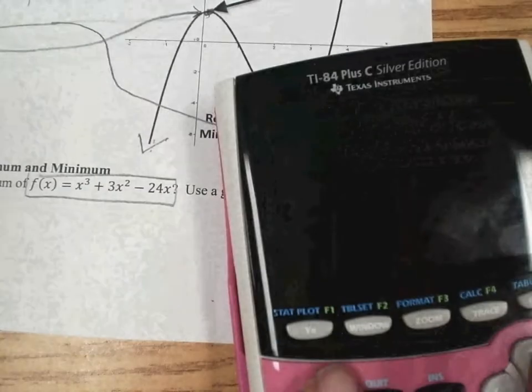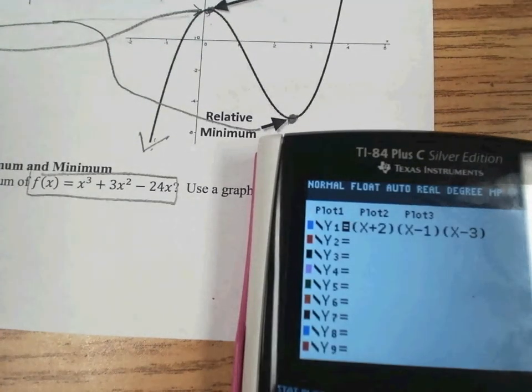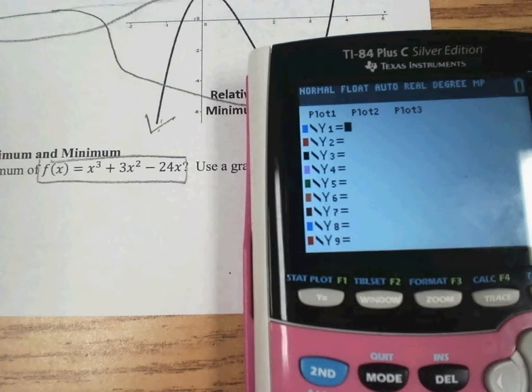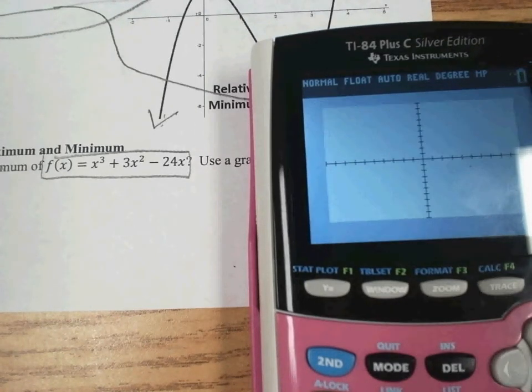So the last question asks us to identify relative maximum and minimum. We're actually going to use the graphing calculator. So you can clear your y equals and write in your new function, x cubed plus 3x minus 24x. Graph it.